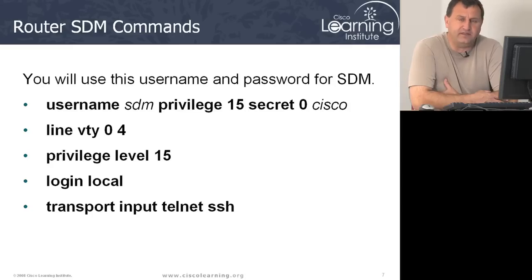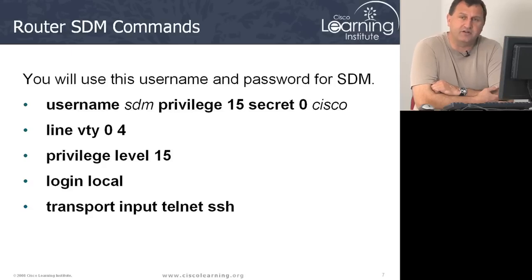All right, and then we're going to apply that to the Ethernet lines or the VTY lines that we're going to access the router from our SDM workstation. So in this case, we're going to go to line VTY 0 4, privilege level 15, local login, or we can do login authentication, and in this case we would use maybe default, where we would define that particular user and the method we're going to use.